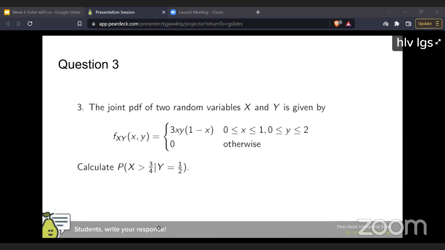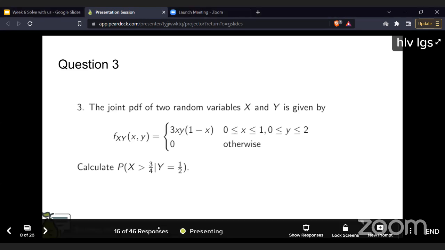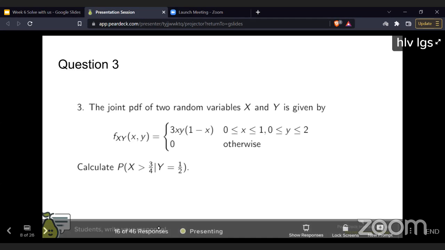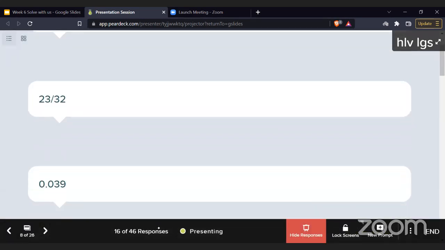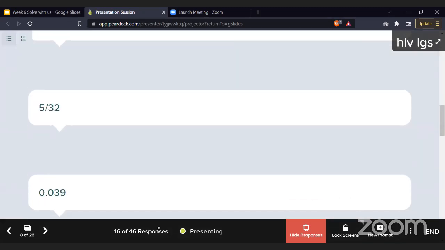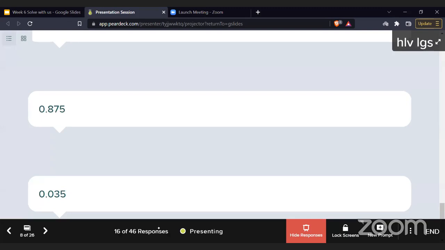Right, so you could see only very few responses here. Only 16 students have responded out of 46. There are different sets of answers that we could see here.